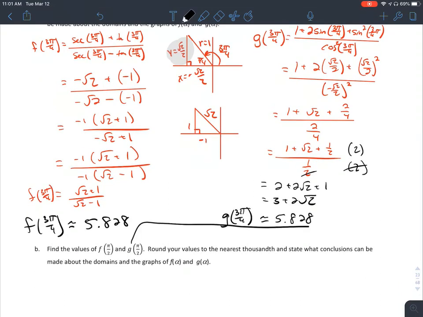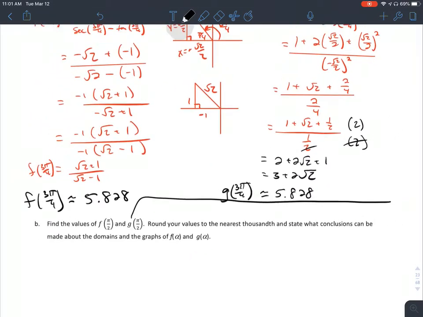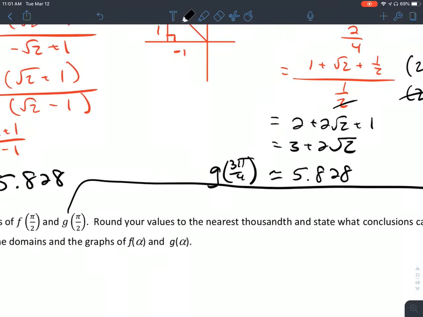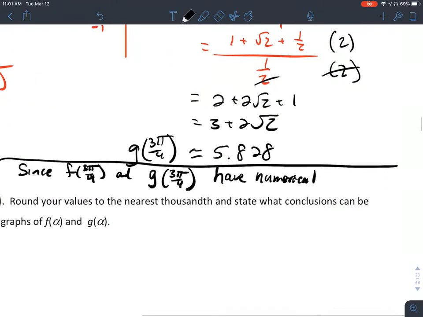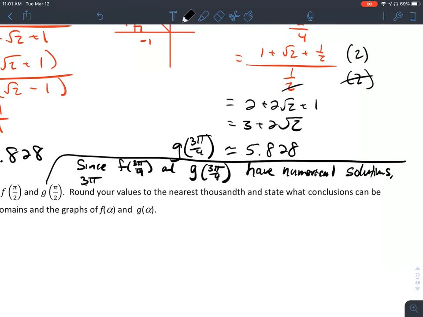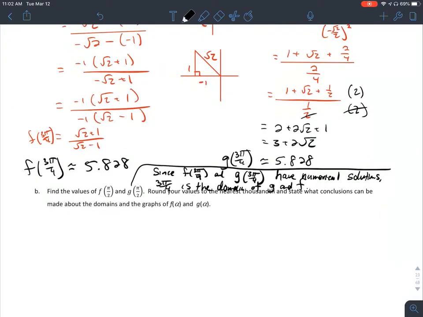Well, the only conclusion that I can make about the domains of the graphs is that 3/4 pi is in the domains of both f and g, since f of 3/4 pi and g of 3/4 pi have numerical solutions. 3/4 pi is in the domain of g and f. I'm sorry for the terrible handwriting.